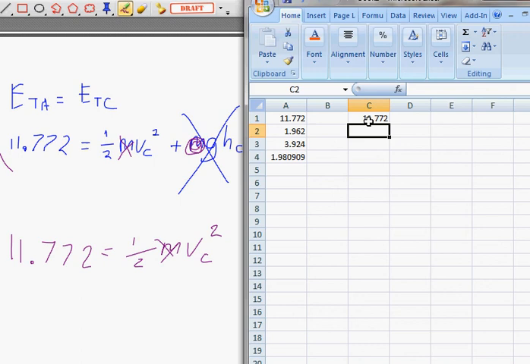And then now I'm going to multiply that by 2, so I'm going to go equals this multiplied by 2, because that's how I'm getting rid of my 1/2. 1/2 right here, can multiply both sides by 2, and I have to take the square root. Raise it to the 0.5. And there you go. And that is my velocity at point C.